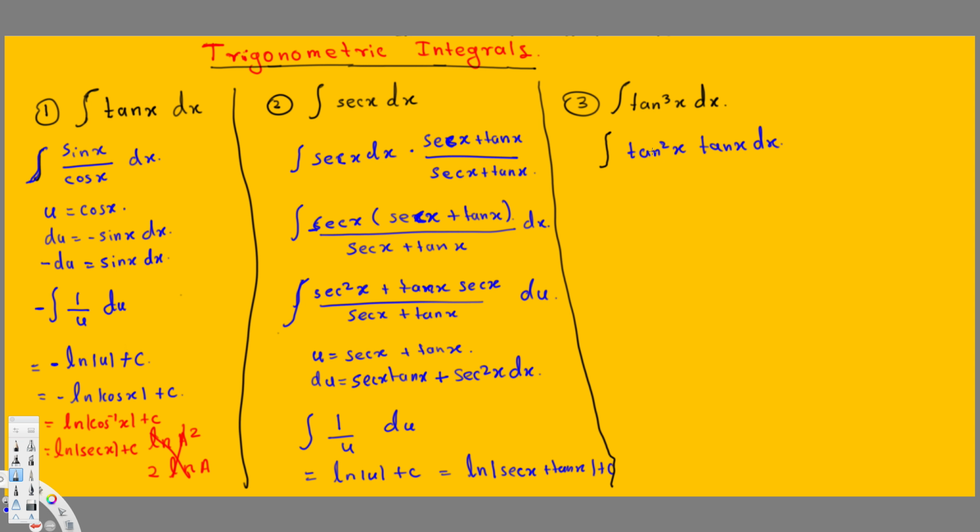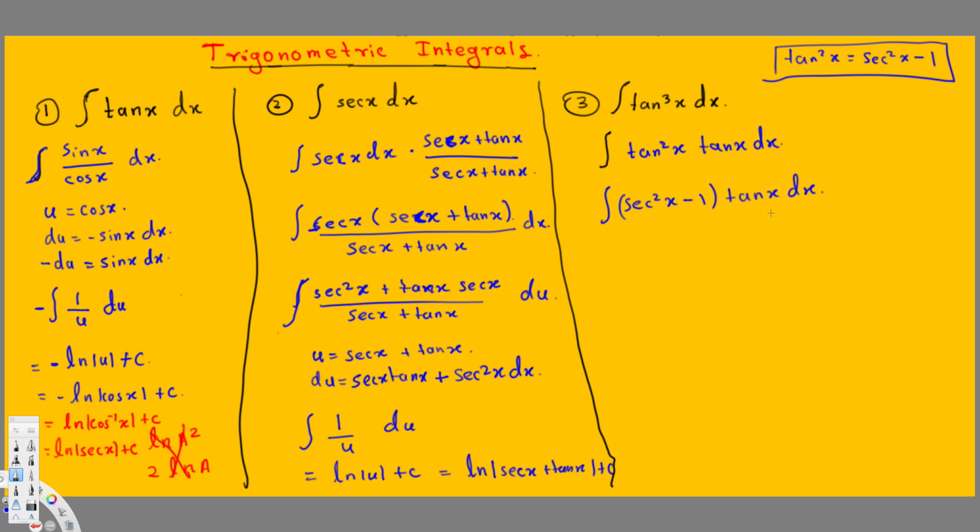I can replace this with sec square x minus 1, because tan square x is equal to sec square x minus 1. So I can replace this tan square x with that. So this is going to become sec square x minus 1 tan x dx.